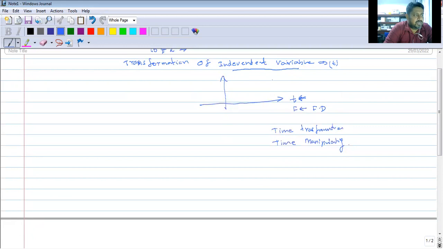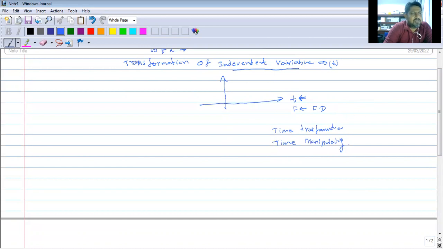Here we use time as our independent variable, so we refer to it as time transformation, but the independent variable can be anything, such as frequency. Keep that in mind.